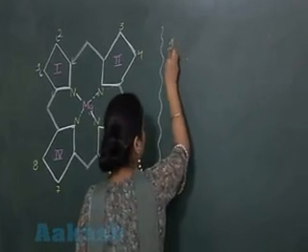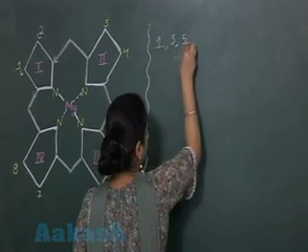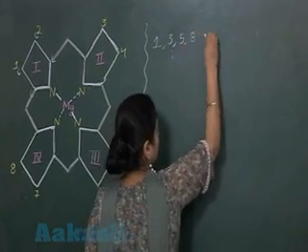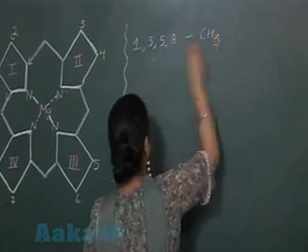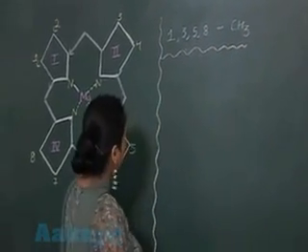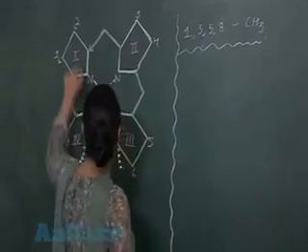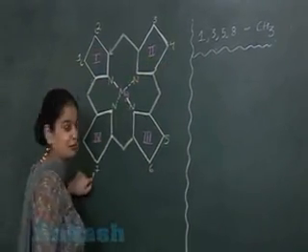At the position first, third, fifth and 8, there is presence of methyl group. इन सारी positions के ऊपर methyl group present है. Now कौन कौन सी position यहाँ पर बच गई है? That is second position, fourth and seventh position.